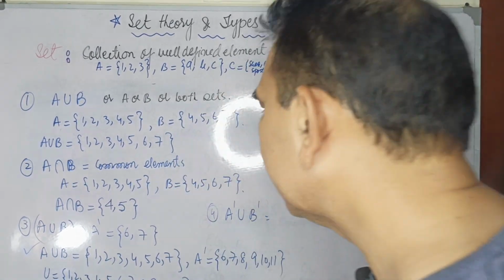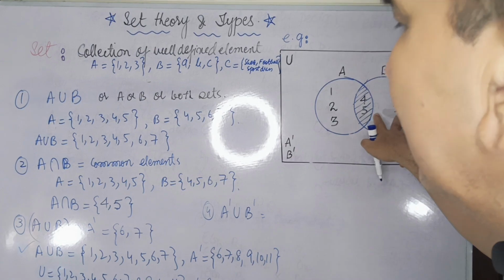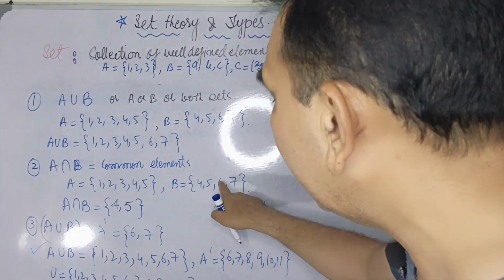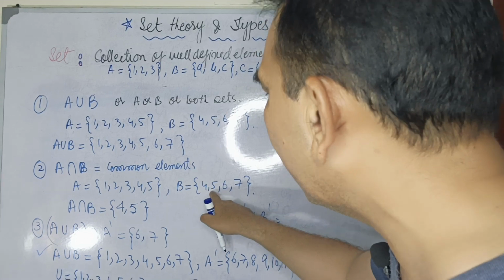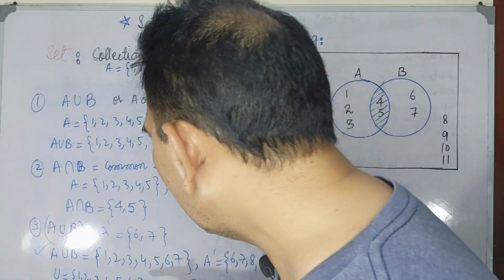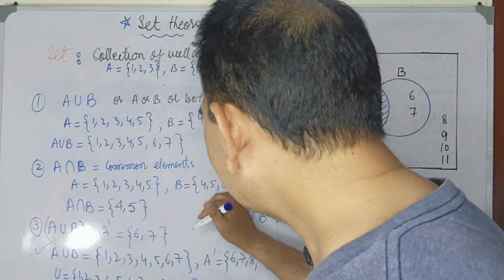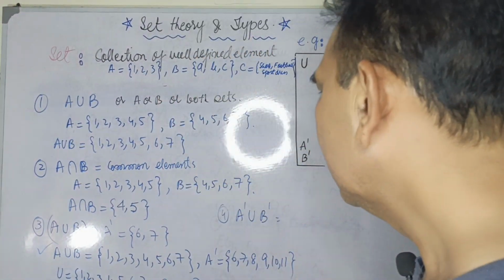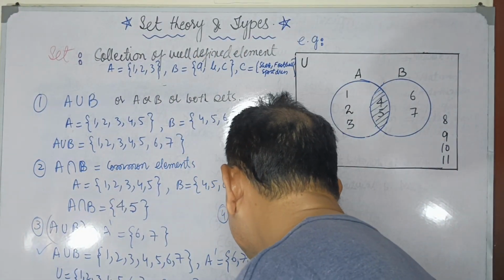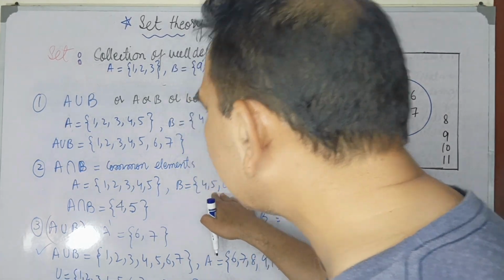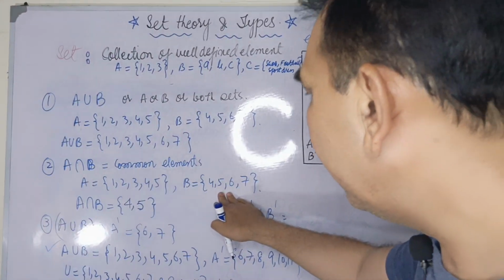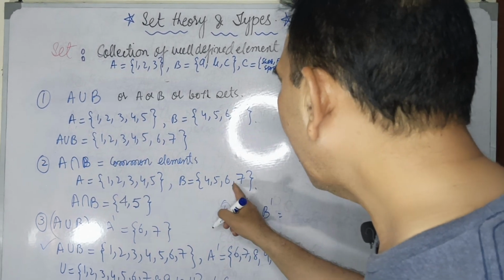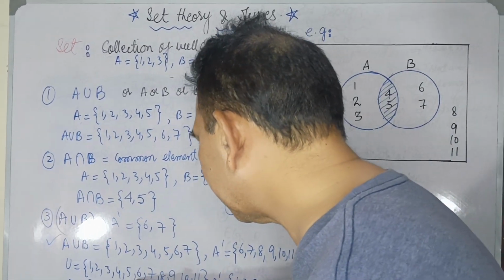The B set has the elements 4 5 6 7. So we will subtract these B set elements from the universal set. 1 2 3 are not present inside the B set. 4 5 6 7 are present in the universal set.